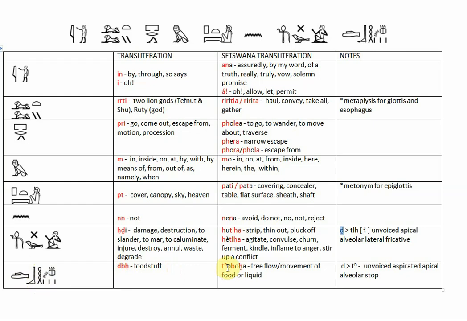In Setswana we have tobocha, which means free flow or movement of liquid or food. And the D in this word is equivalent to the T, which is unvoiced aspirated apical alveolar stop.